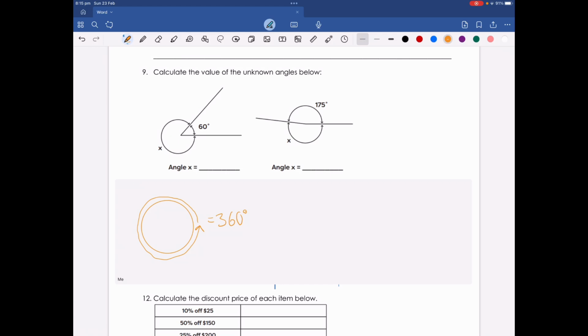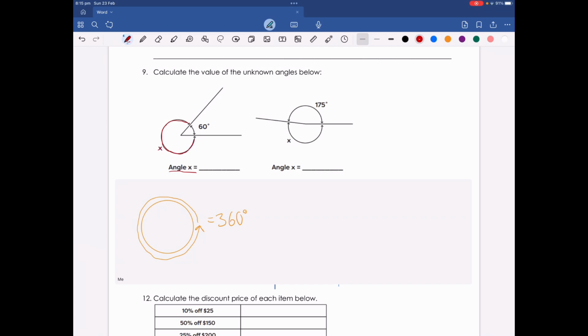So 360, that is a complete rotation around a circle. So you need to know that before you start calculating here. So it's asking us, shown below, angle X. Which is angle X? This one. This is angle X here. It is labeled as such.